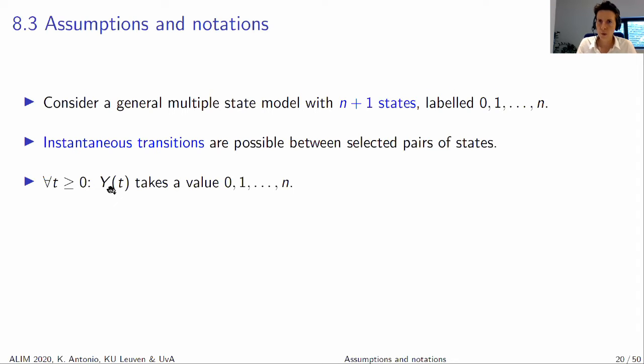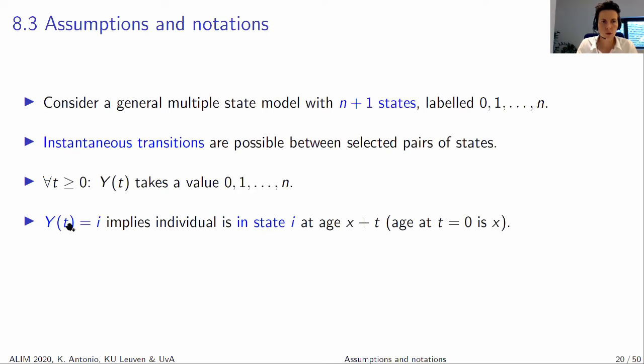Our random variable Y will take a value between 0 and n and will register, okay, at time t, which state do you occupy? So that is a random variable because we don't know upfront which state you will occupy at time t. So Y_t equal to i means that you are in state i at time t.